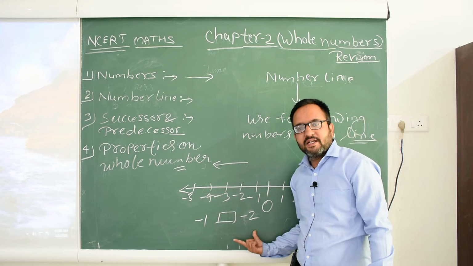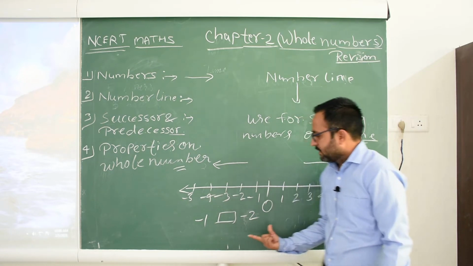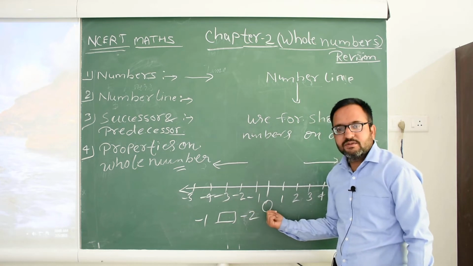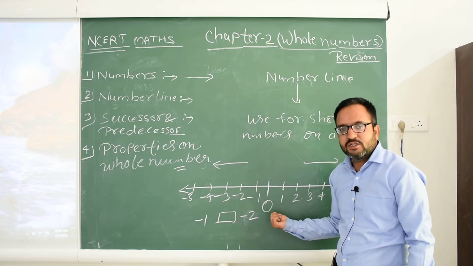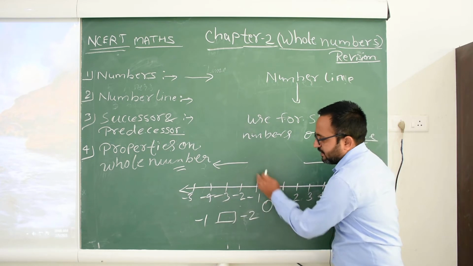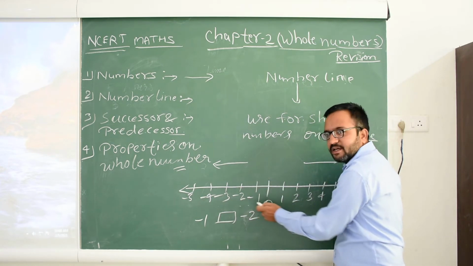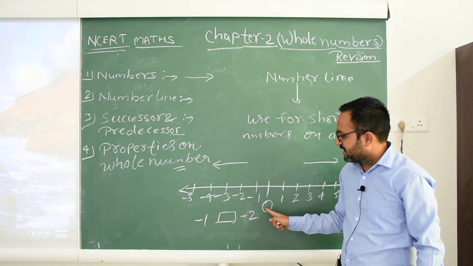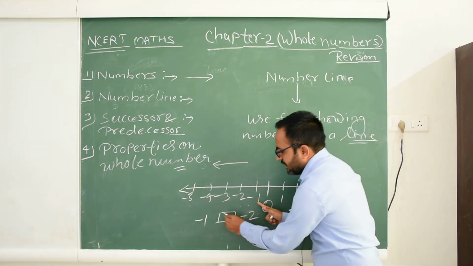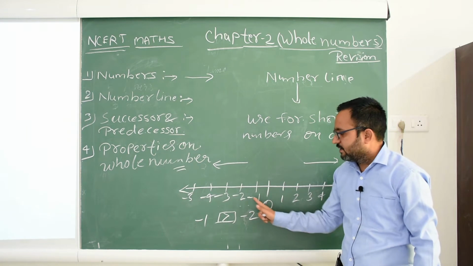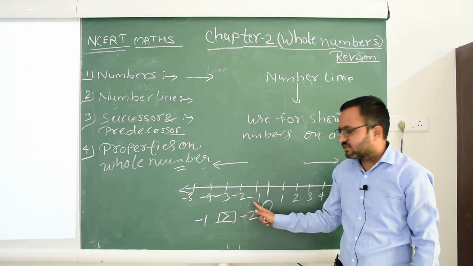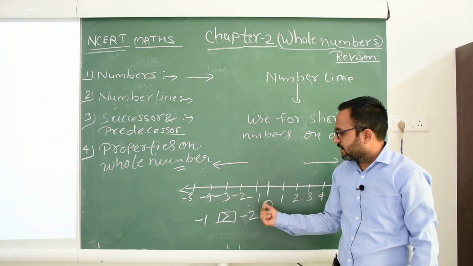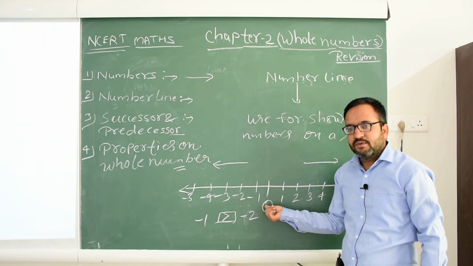In the case of negative numbers, ask which number is nearest to 0. On the negative side, minus 1 is nearest to 0. That means minus 1 is the greatest number on the negative side, because minus 1 is nearest to 0.